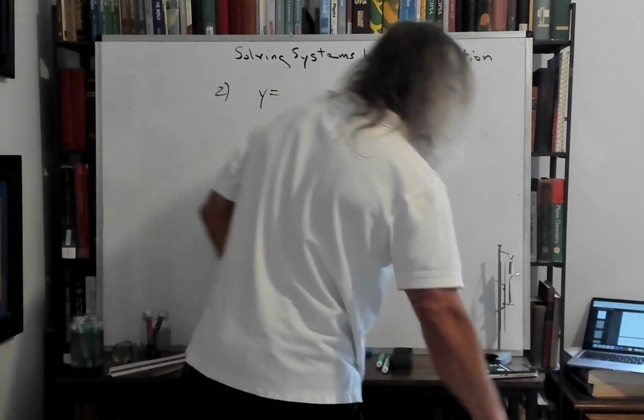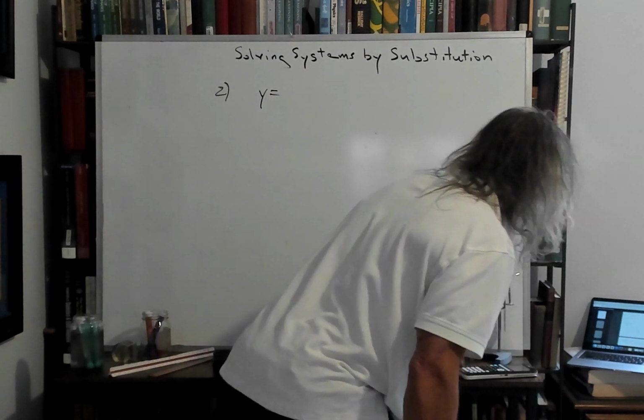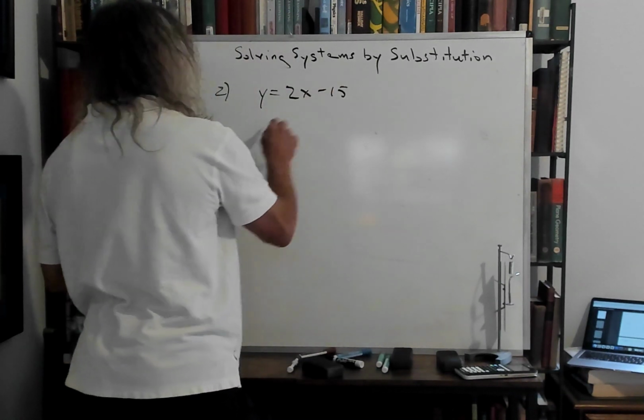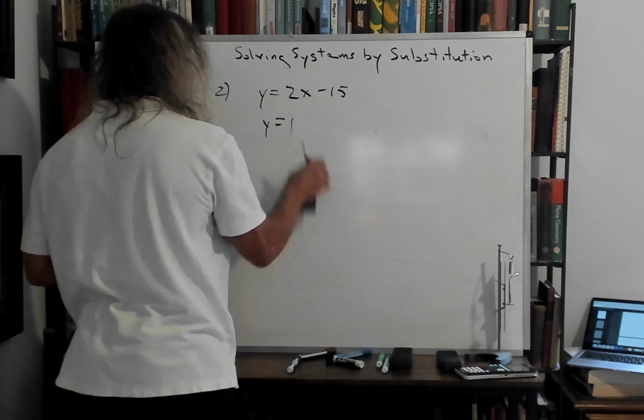Y equals, where'd it go? We said 2x minus 15. Y is 5x.